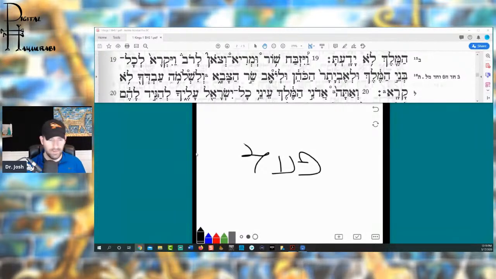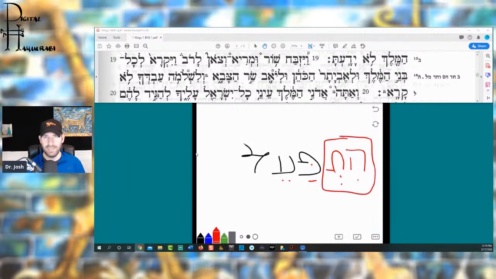So hitpa'el, you'll notice this one's a little different. Notice it has this whole big thing up front, hit. And if this were not an ayin, you would get a doubled middle radical there. So it looks a lot like a PL form, right?